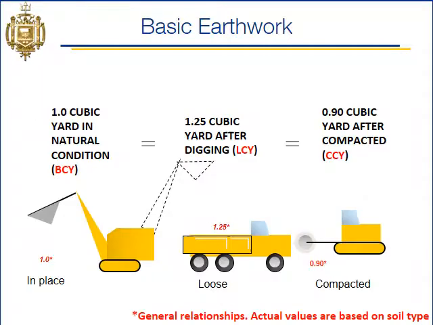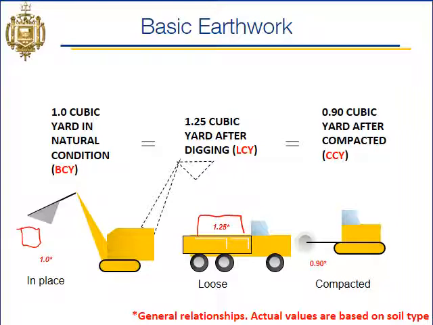So let's look at this picture here. It shows how that BCY, LCY, CCY transition works. We dig up some soil over here, and then we put that soil in this truck, and now the soil takes up a little bit more volume than it did before we excavated it.